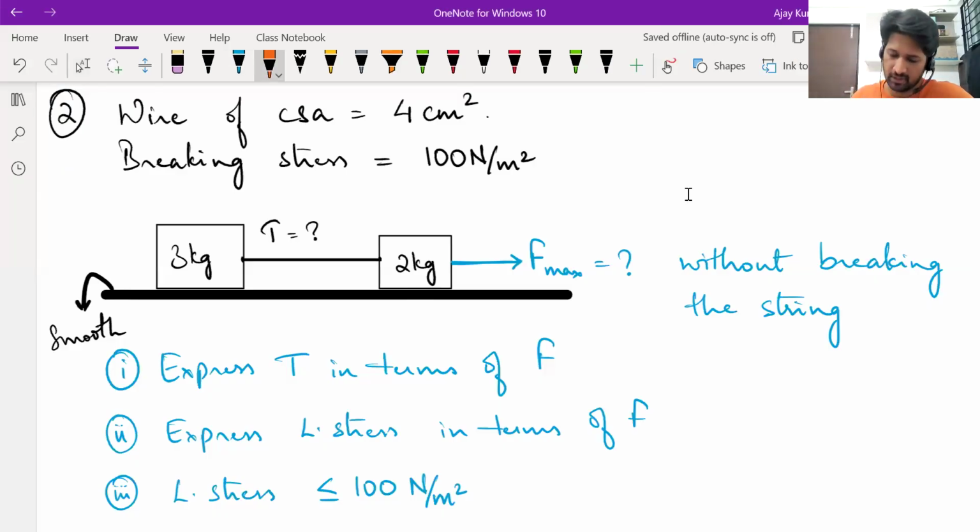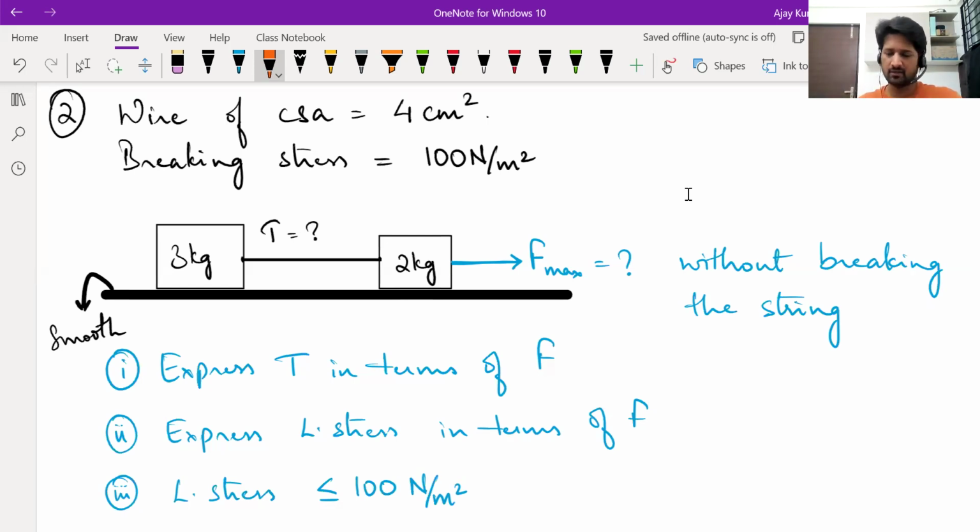Can one of you tell me how you will express tension in terms of the force? We had solved questions like this in laws of motion. Anyway, the 3 kg and 2 kg are connected by this string.